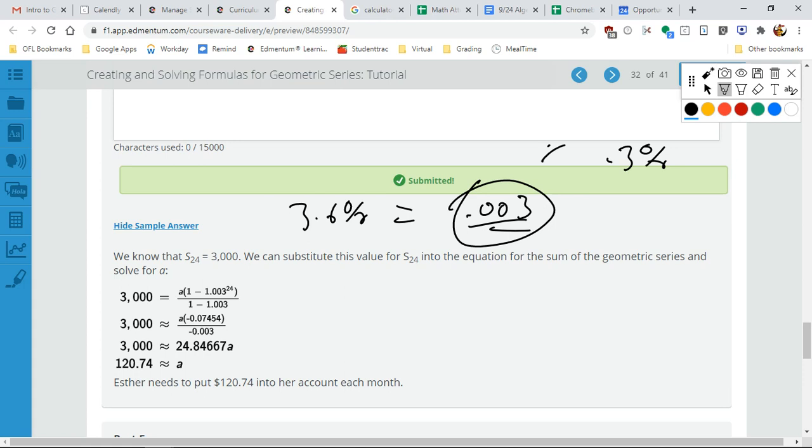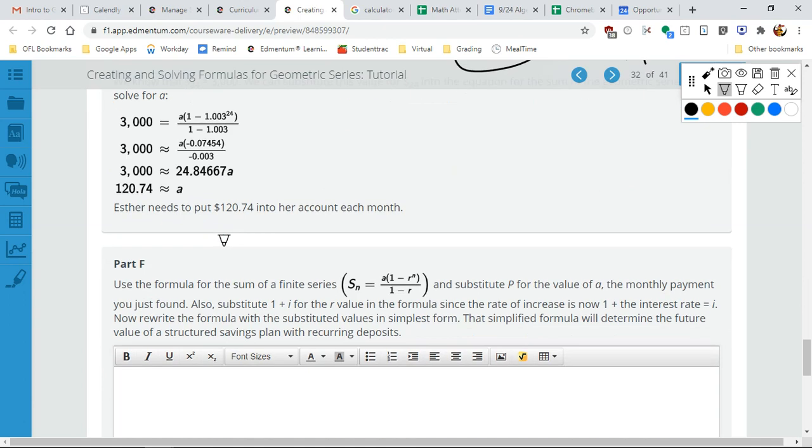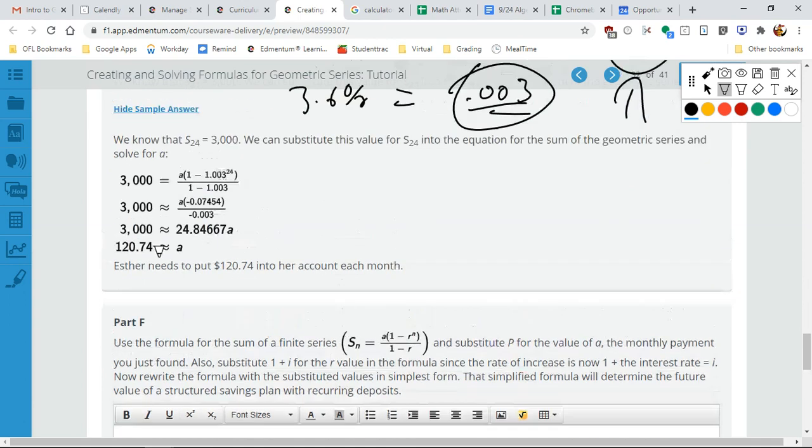I like the decimal version better because you can't plug in percentages into a calculator. Calculators are stupid. Percentages are just something that humans use to make it seem a little easier, but honestly, decimals are a way better way of saying things. So they plug it in, they solve for it, and they figure out, oh, she needs to put this much money every month.